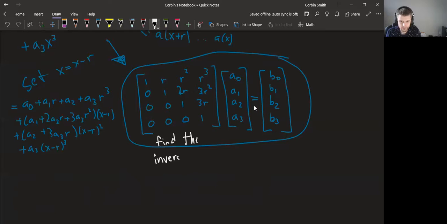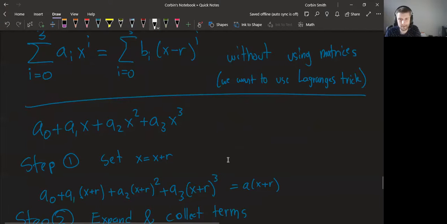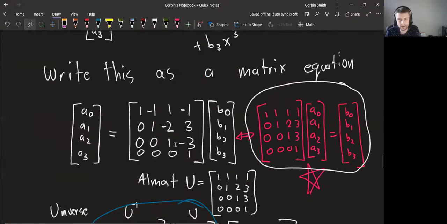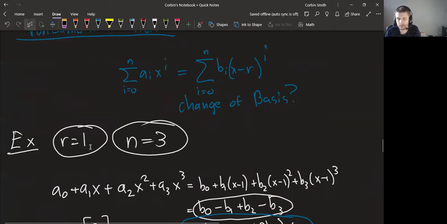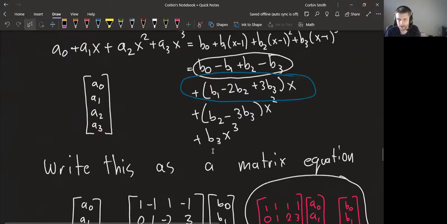This is almost our Pascal matrix, but this one has a bunch of powers of r in it now, whereas the example that we looked at did not have powers of r in it, and that's because in the example that we looked at, we were expanding around r equal to 1. That's why this new matrix is more complicated.